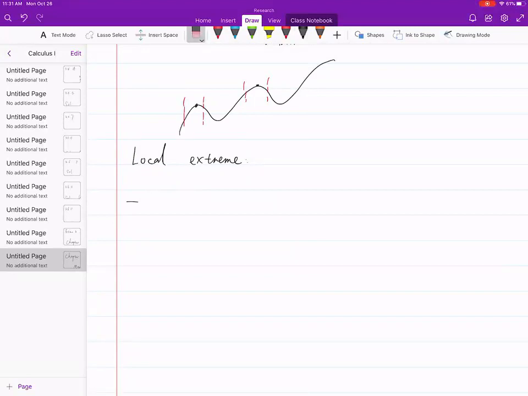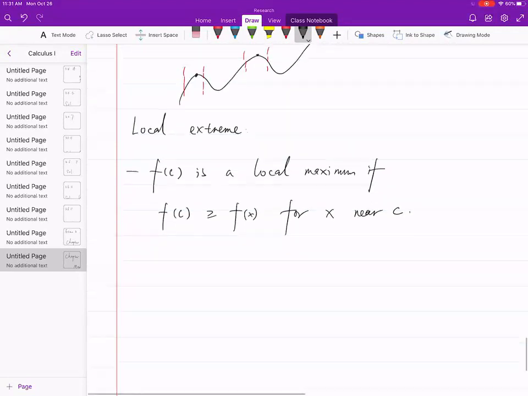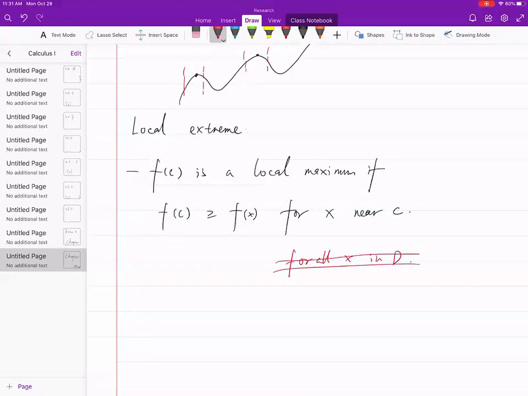Let's talk about, let's see. F(c) is a local maximum if, okay, before for absolute, we need for all x in D, but we'll replace it by x near c. So you only work for a small group.